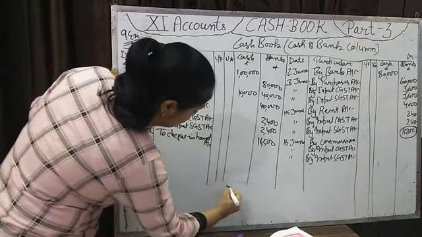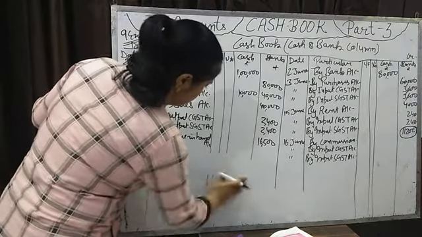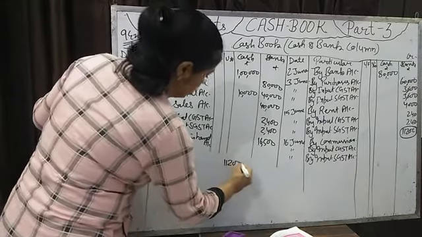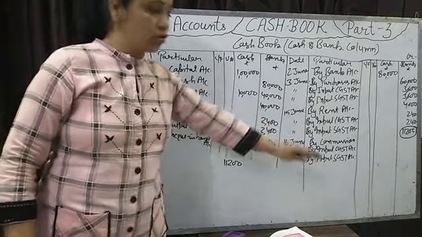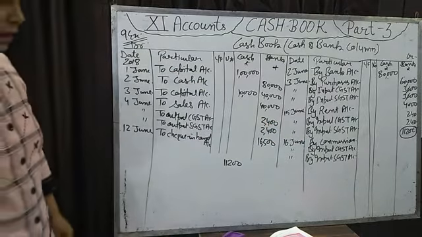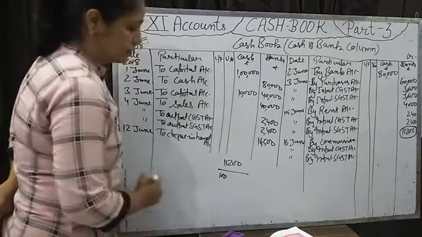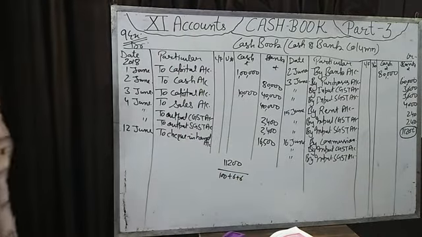That total 11,200 we are paying. We have to calculate how much of it is commission and how much is GST. This amount is 100% of commission, 6% of CGST and 6% of SGST.